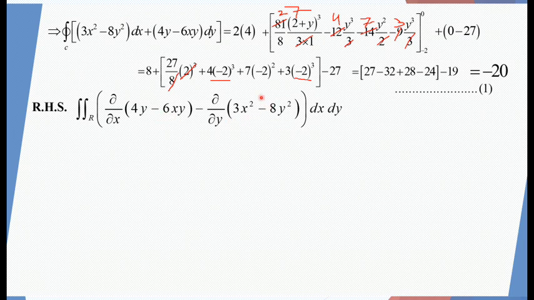And here when we differentiate partially this 3x square with respect to y, then it is 0, and this minus 8y square with respect to y, then it will be minus 16y. So it is equal to minus 6y plus 16y dx dy, or we can write it as 10y dx dy.